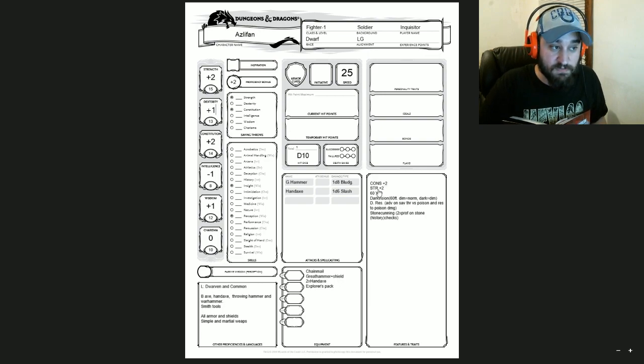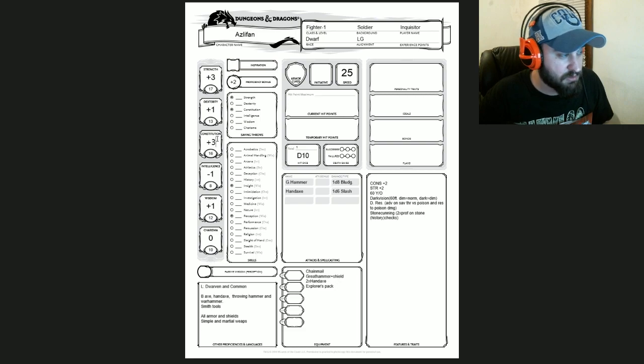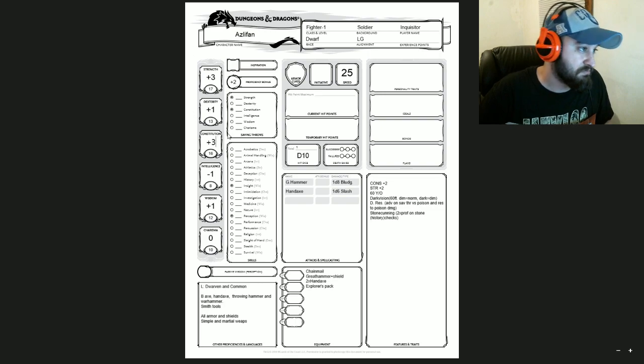So this would be our base stats. The thing is that we have bonuses, so we have plus 2 to constitution and plus 2 to strength. So let's go change that right away. Plus 2 and plus 2. 16, there you go. So our strength goes all the way up to plus 3. And our constitution goes all the way up to plus 3 also. Now, you must be thinking, but wait a minute. Wouldn't it be more beneficial for you to put, let's say, a 14 in the strength, and that way you would get a plus 3 also?